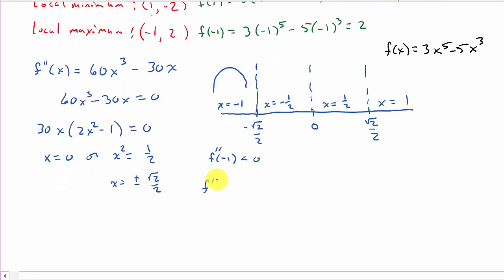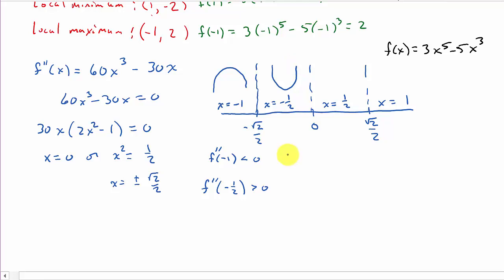And then I have f double prime of -1/2. So that's going to be a negative out here. And then if I plug the -1/2 in, that's going to be what? 1/4. And so 2 times 1/4 is 1/2 minus 1. That's negative. So a negative times a negative is positive. And so that means here it's concave upward.